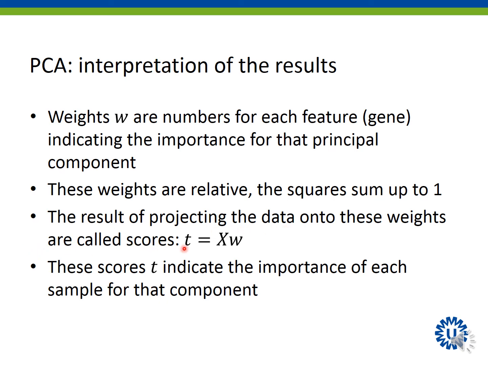So the scores are constructed by taking this product x times w. Now the scores, you can say, are a new representation of the samples in the principal component direction. And these scores t again indicate the importance of each sample for that component. So the weights indicate importance for each feature, and the scores indicate importance of each sample.